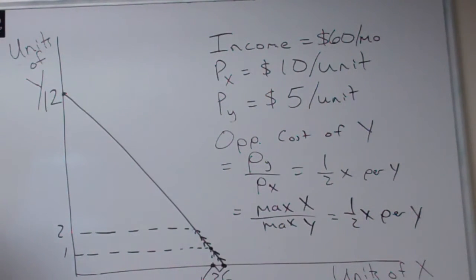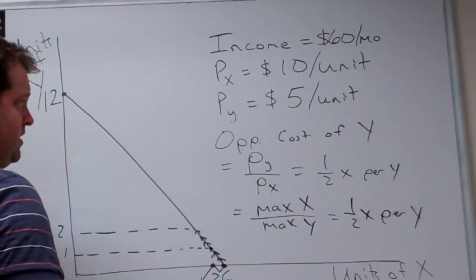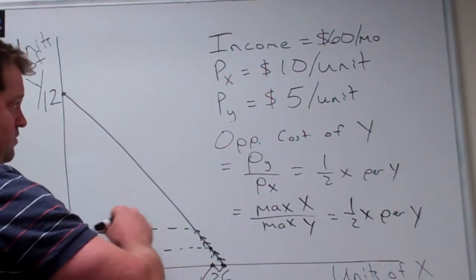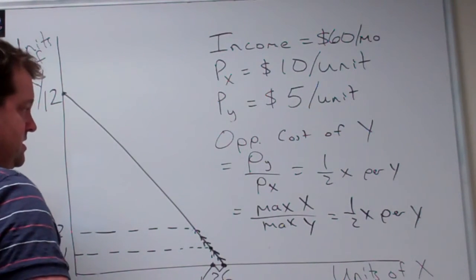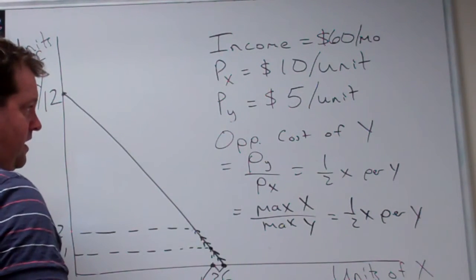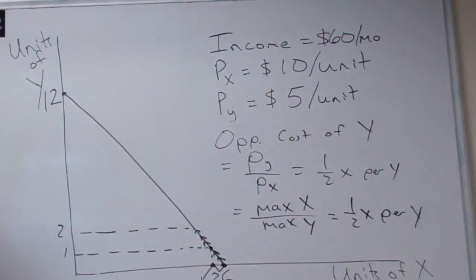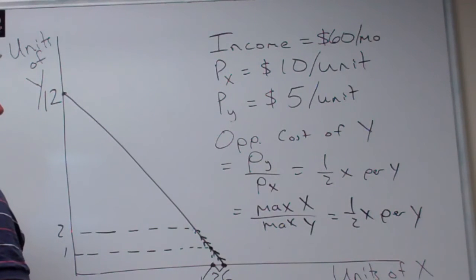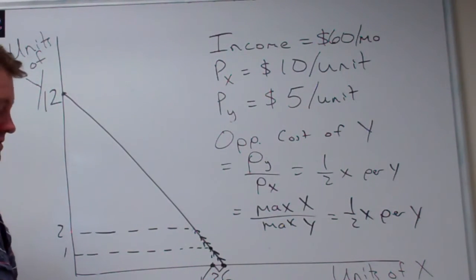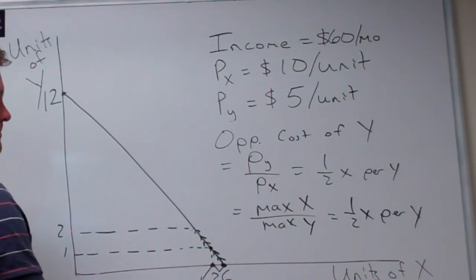So there's really three different ways that we can figure out what the opportunity cost of Y is. We can use the budget constraint, we can take the ratio of the prices, or we can take the ratio of the maximums. Either way, opportunity cost is going to be calculated accurately, and we can figure out that opportunity cost isn't going to change because of the nature of the resources that are being utilized by the consumer.